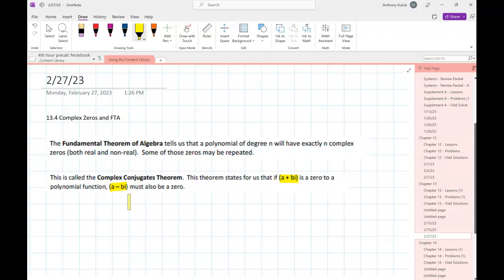These complex solutions are always going to come in what are called conjugate pairs. Conjugates just have the different sign in between the two terms. So a plus bi, a minus bi.